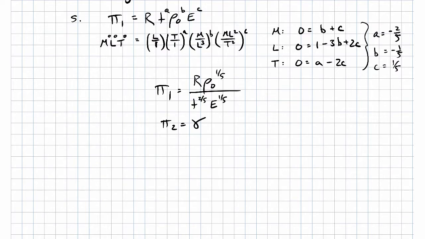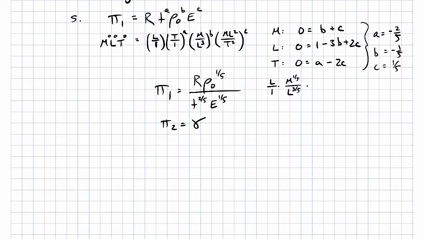And the next step is just to verify that indeed these are dimensionless quantities. So pi 2 we already know is dimensionless. Pi 1, that'll be like a length times the density to the 1/5. So that'll be L cubed over 3/5 over m to the 1/5. Sorry, I have that flipped upside down. Let me fix that. Mass to the 1/5 over L to the 3/5.